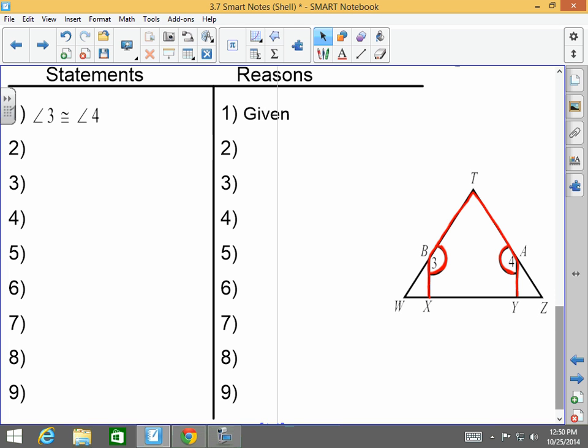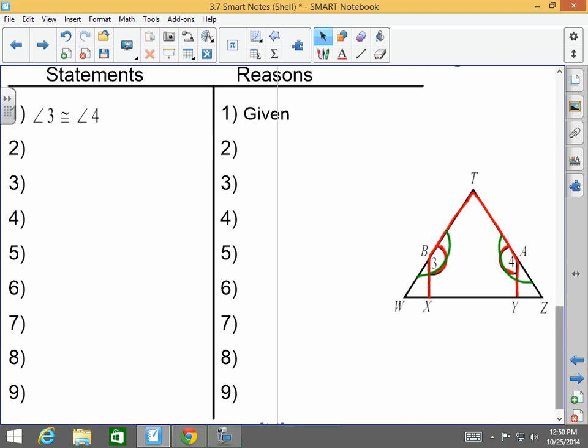Since we know that angle 3 is congruent to angle 4, take a look at angle WBT. Doesn't this angle form a straight angle? And look also at angle TAZ. Doesn't that angle form a straight angle?